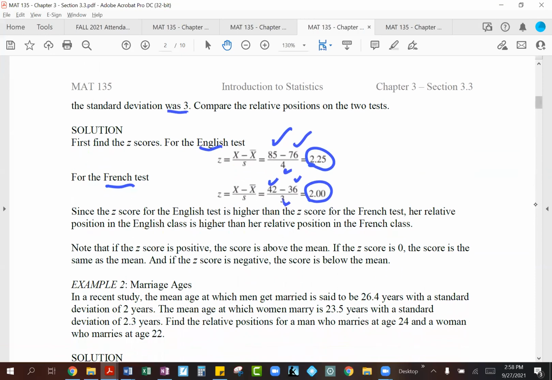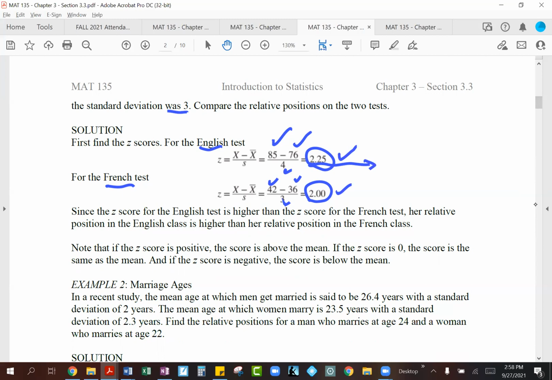This tells you that her score in English was a little bit higher than her score in French when compared to the entire class, all the students who took this exam, because the farther away you are from the mean, the higher the score.